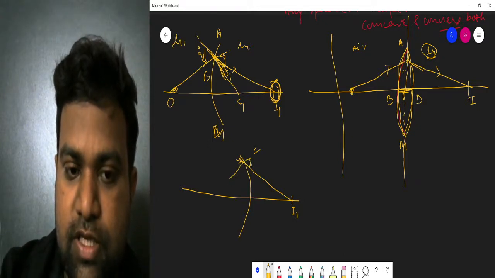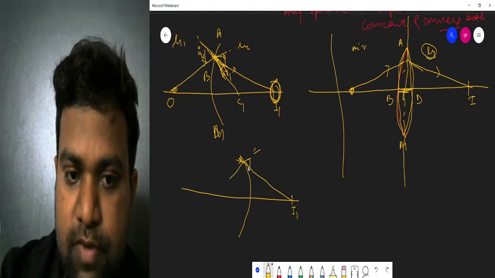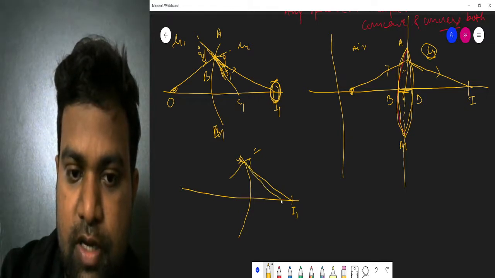Let's say this was the initial R1, so the deviation will be there, and the final image will be formed, let's say, somewhere here.